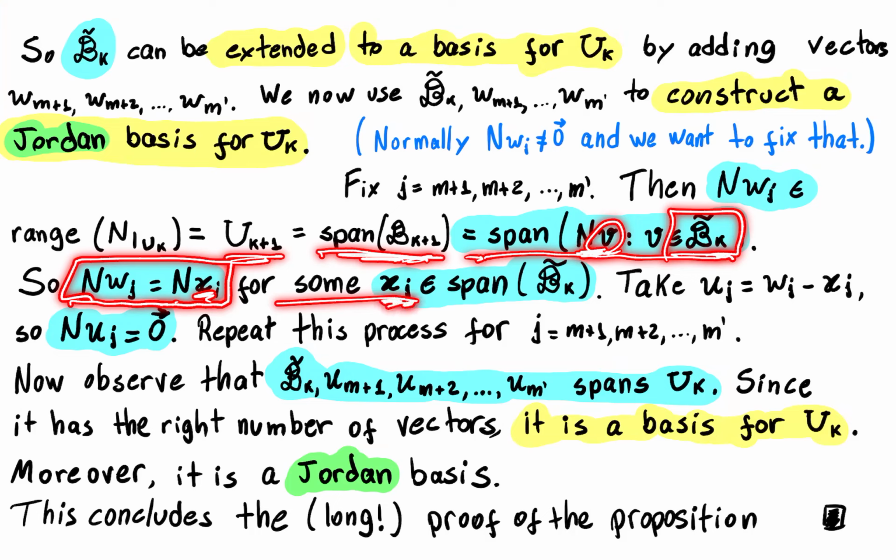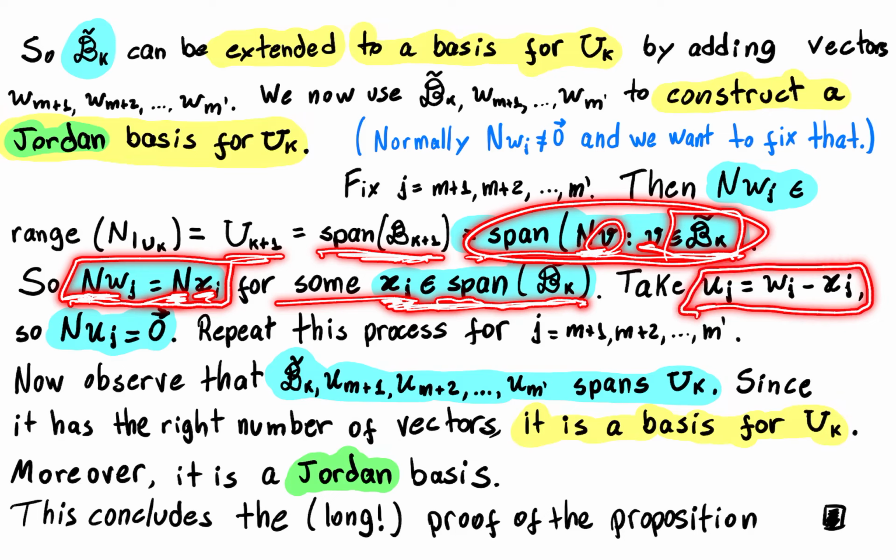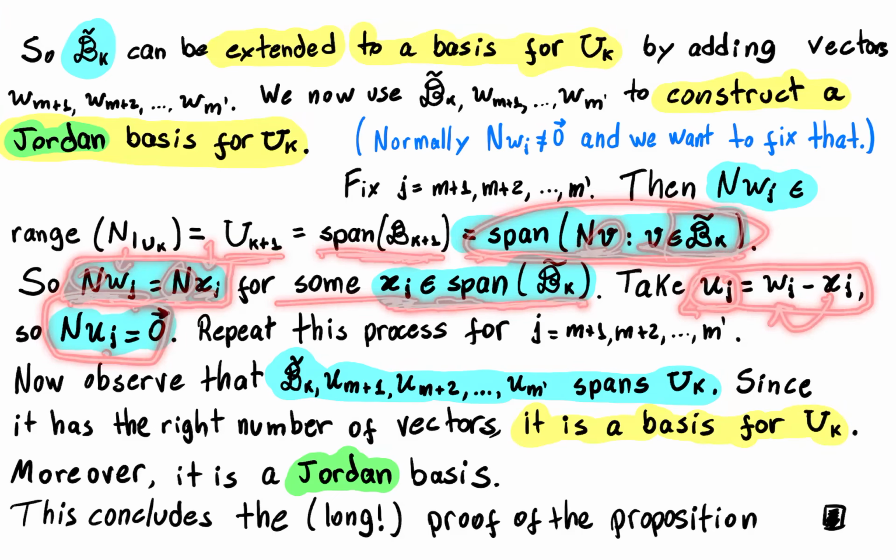So we can take some xj in there such that xj and wj under n have the same image. So since they have the same image, we can subtract. We can subtract xj from wj, so now we get a vector which is much nicer. Why so much nicer? Because n applied to that vector will be 0. Yeah? This vector is the difference between this one and this one, so when we apply n, we get 0.